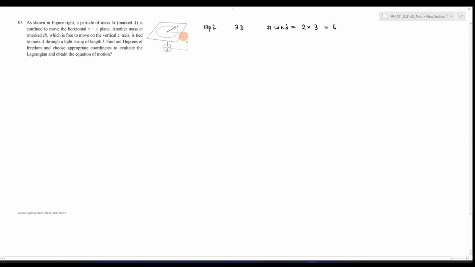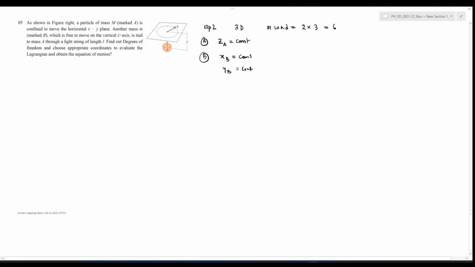Now you see that this particle A cannot move in z direction, right? Particle A's z coordinate is fixed. And for particle B, it cannot have play in x and y direction. So particle B's x position is fixed and y position is fixed. Okay, 3 we already get.